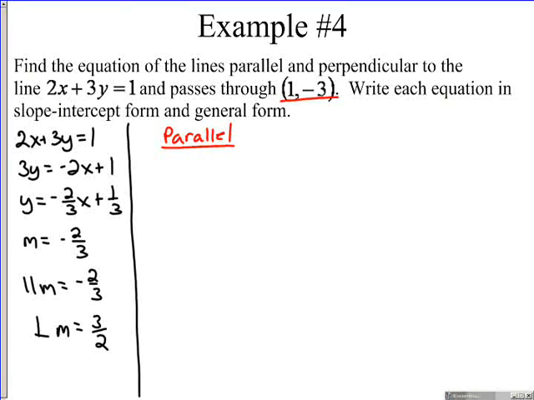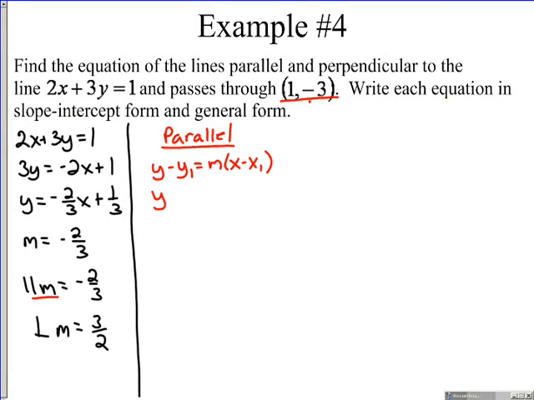Let's start with the line parallel. Again, I'm going to start with point slope form since we now know the slope. Here's the slope we're going to use for a parallel line. Here's the point right here that we're going to use. Point slope form, y minus y1 equals m times x minus x1. Go ahead and plug in.